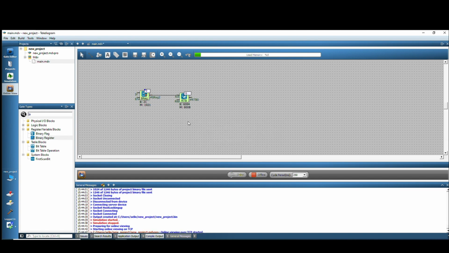I'm setting a value. I sent the binary 1 value, and as soon as it was active, it started counting. Let counting continue like this.